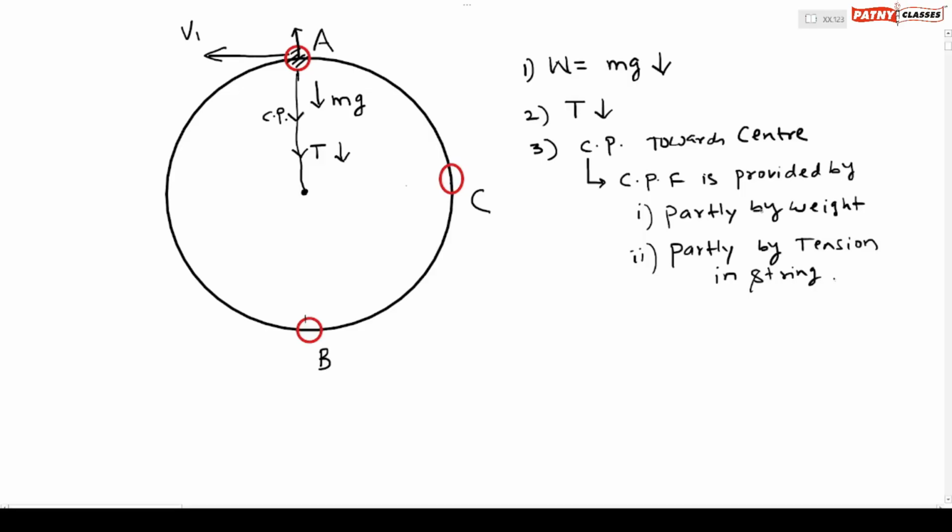This centripetal force is provided partly by the weight of the body and partly by the tension in the string. Let us call the tension T1. So the total downward force is mg plus T1.